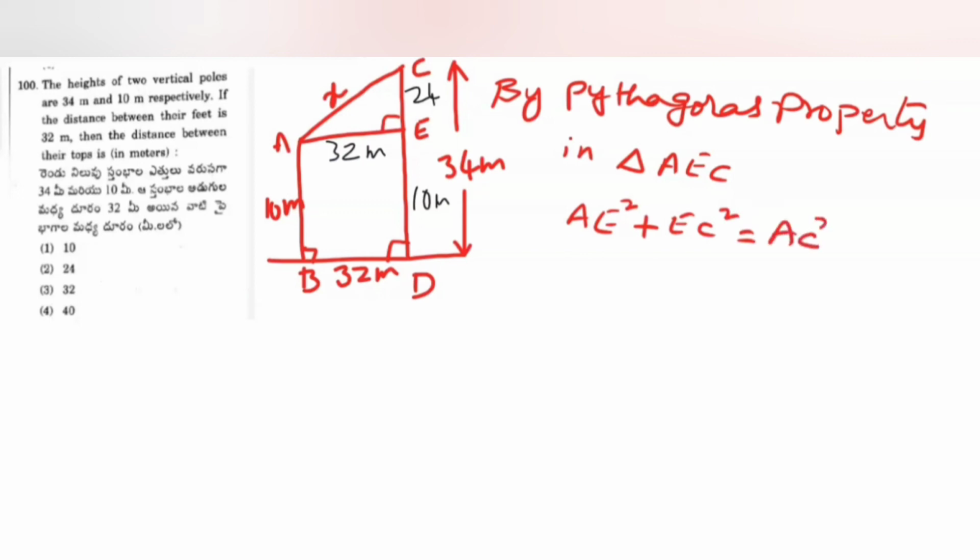AC, let it be x. So we are going to find the distance between their tops, AC. AE square is 32 square plus EC square is 24 square, which is equal to x square. We are going to find the x value.